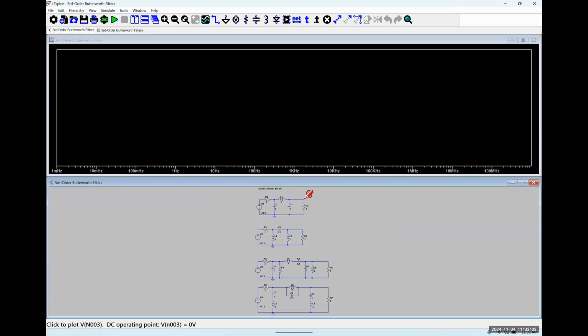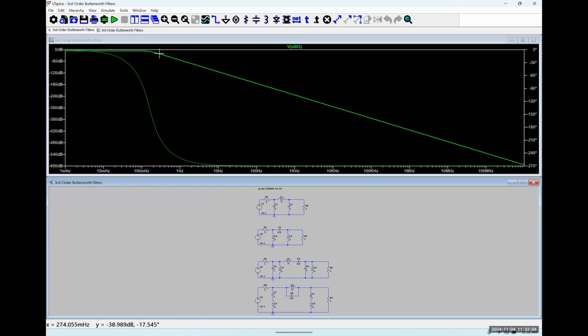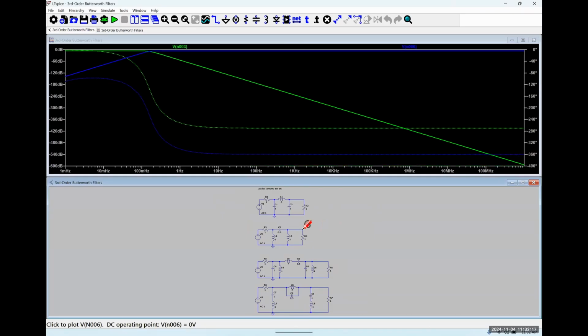So here's our low pass filter, and we have a cutoff frequency. This is designed for omega C equal to 1, so 159 millihertz, like we saw in our last class meeting. If I look at the output of my high pass filter, it's at the exact same place, okay? So flipping it like that leaves our cutoff frequency at 1 radian per second.